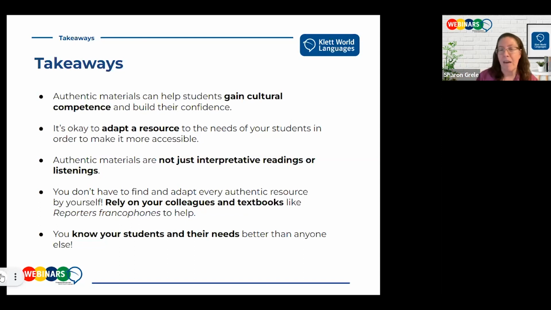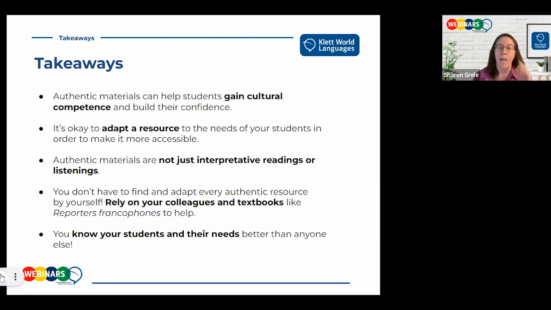And within 5 minutes, I'd probably have 10 of them. So rely on the community that's out there. The world language community is a sharing and giving group in my experience. And there are lots of great experts out there. And just remember that you know your students and their needs better than anyone else, and you are the true expert on your kids. So doing what's right for them is really the most important thing.